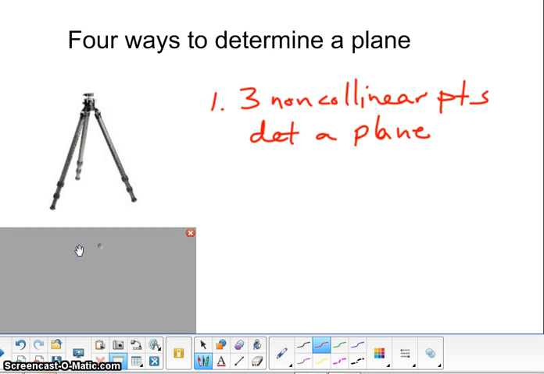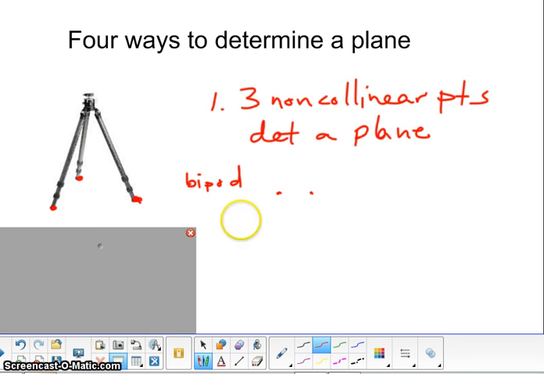The only reason that it stands the way it does is because it is lying on a plane, and they are 3 non-collinear points. If a tripod was a bipod, think about that. Could you actually take any videos with a bipod? No, I don't think so. So that is an example of what it means to have 3 non-collinear points to determine a plane.